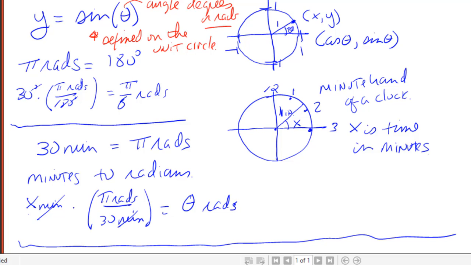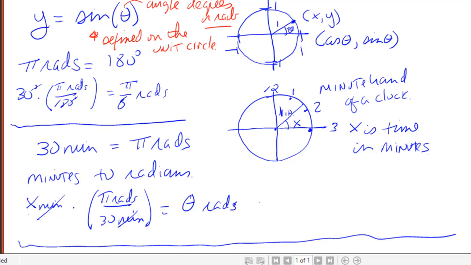So next, I have this other situation, which is the clock with a minute hand that's an inch long, again, just to make my life super simple. But x is in minutes. And now if I say, hey, wait a minute, the sine function can only accept an angle in degrees or radians, and this is in minutes. How do I overcome that?